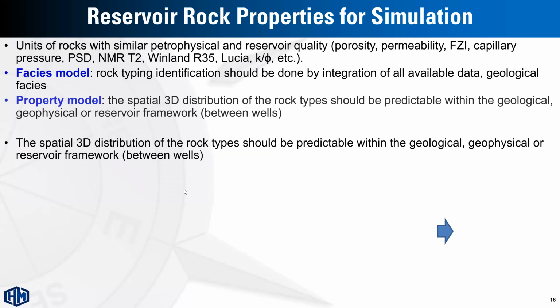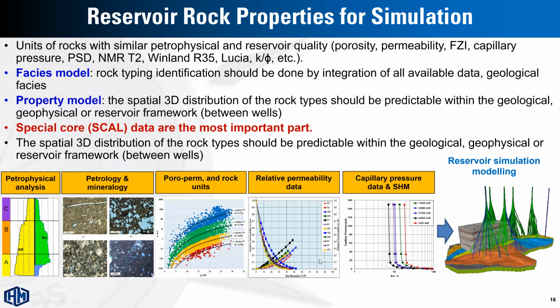So this is all of these data, mostly the engineering data to define the rock properties for the facies model and property model, considering all the physical data, relative permeability, and capillary pressure to define the minimum and the maximum fluid saturation for each phase, and also to define the initial distribution of water across the 3D model using the capillary pressure data and saturation height modeling.